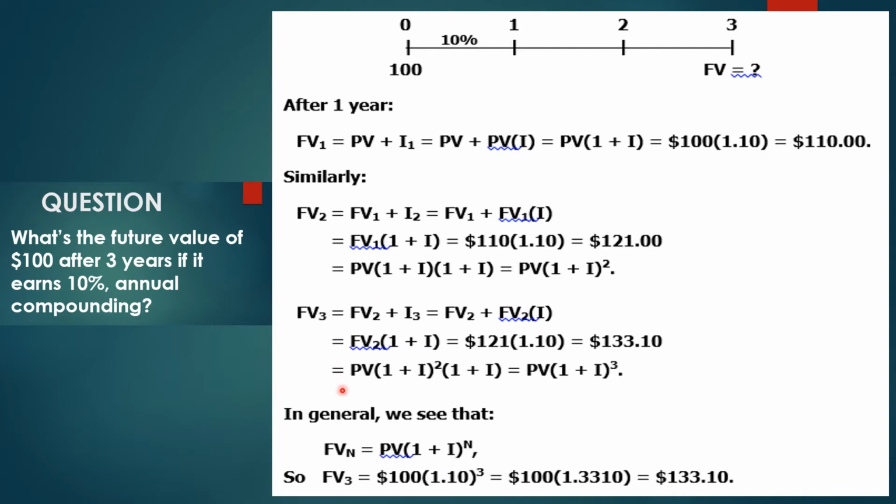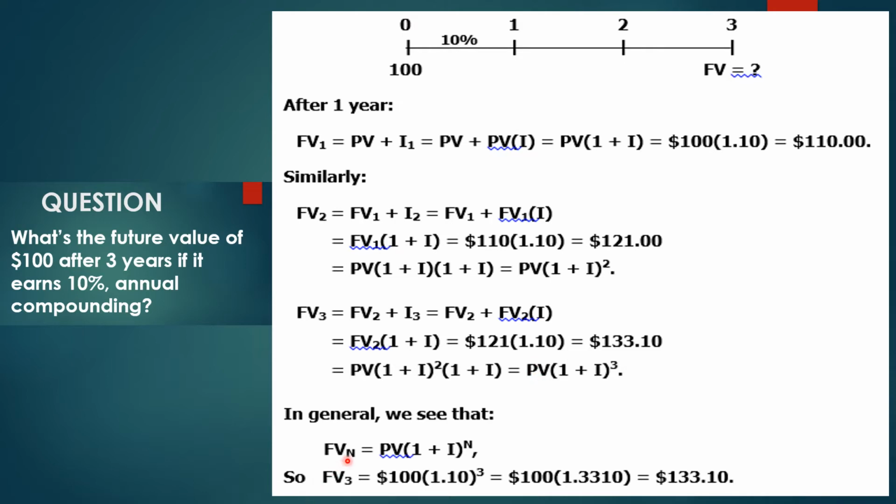Okay, so you can just try it. The present value of 100 multiplied by 1.10 raised to 3, and you will still get $133.10. So in general, the future value of n, where n refers to the number of years, is equal to the present value multiplied by 1 plus I raised to that n.